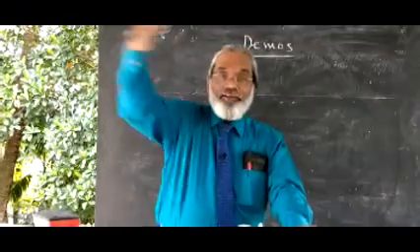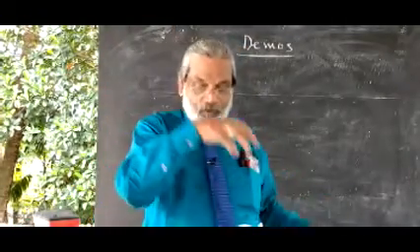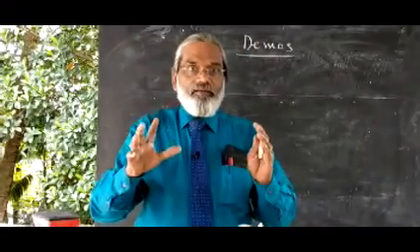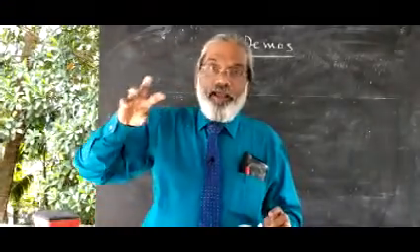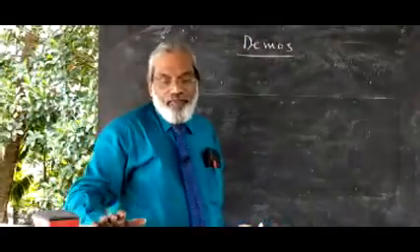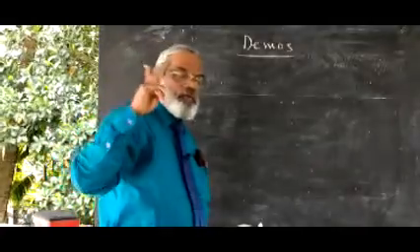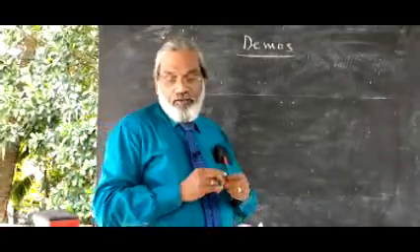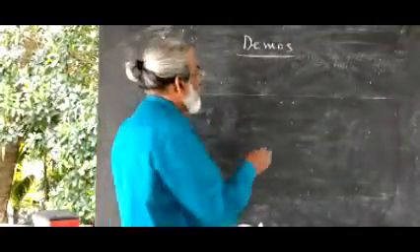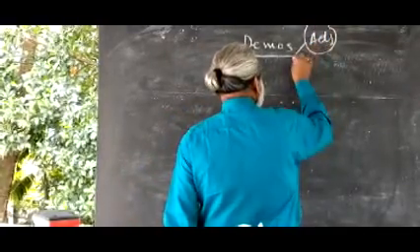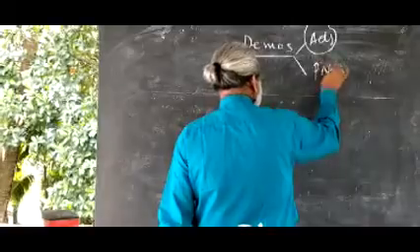Articles we have definite and indefinite. Once you come to demonstratives, they are showing, they are pointing out something. That is called demos. In grammar we have 2 important demos. One is called demo ADJ, the other is demo PN.